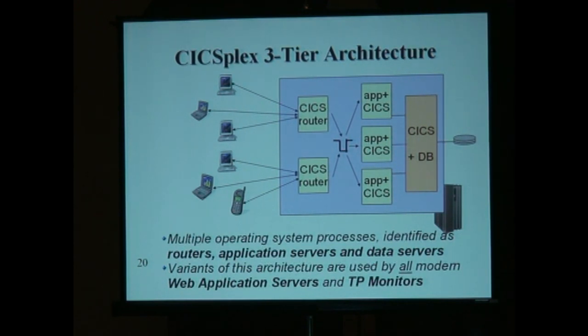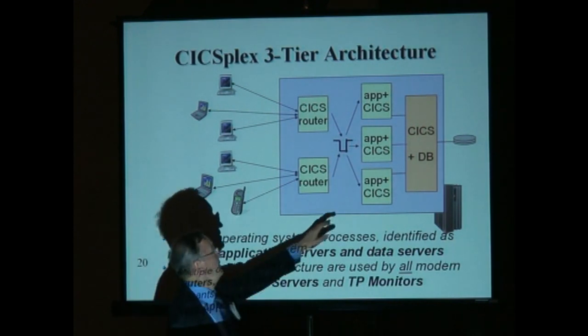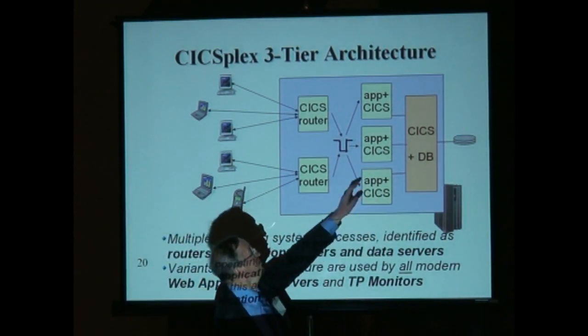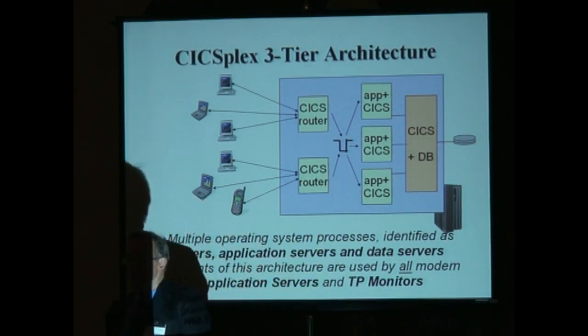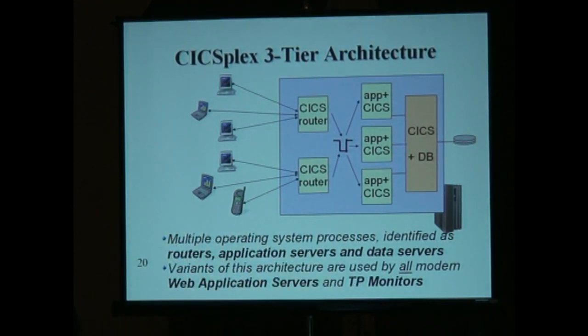If an application region fails, it could disappear, and the messages would all be rerouted. So you've got a lot of scalability and a lot of resilience coming out of this architecture.